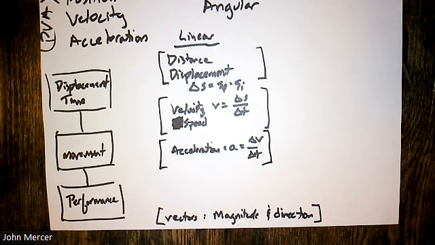We don't know if that object is moving upwards and slowing down at that rate, or if it's moving downwards and speeding up at that rate. Same acceleration, negative 9.8 meters per second squared. So the direction of the acceleration vector does not tell us the direction of motion.